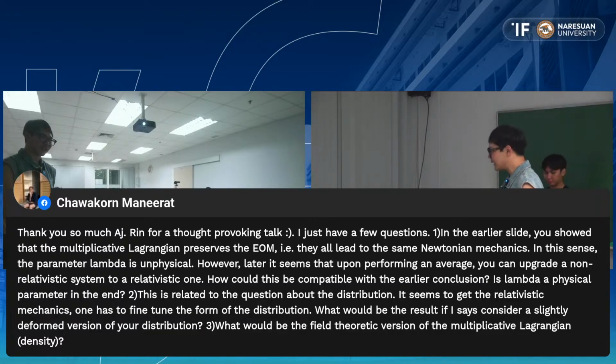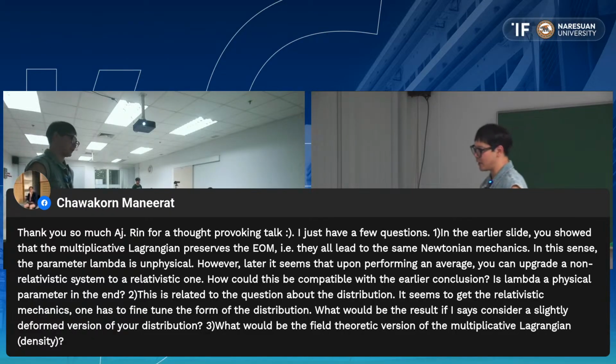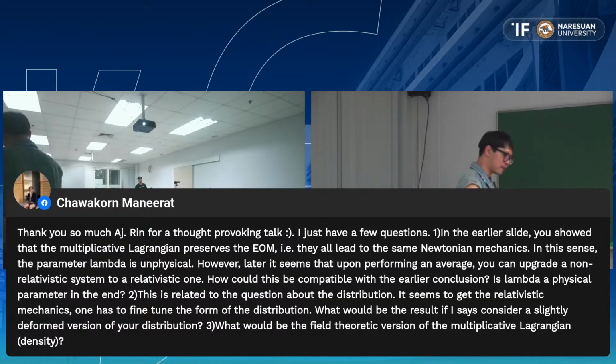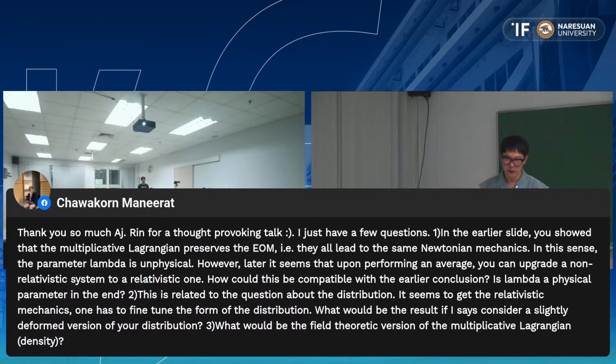The parameter lambda in this scenario, I would say, is somehow before we do the average. The metric is kind of the extra parameter that we have in the system.